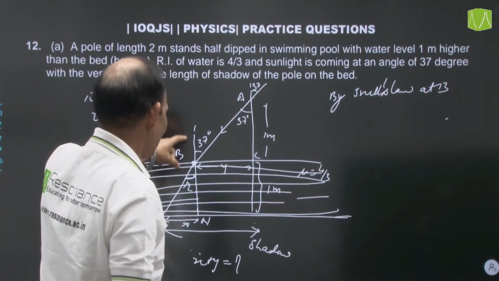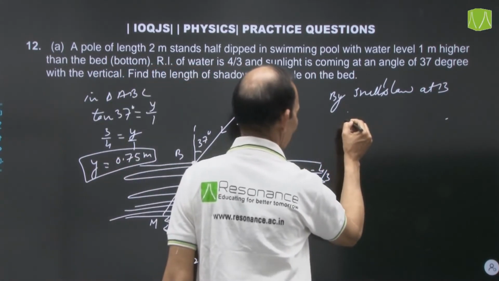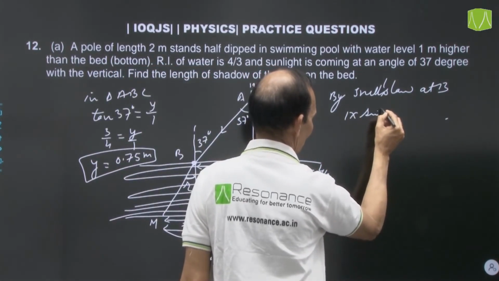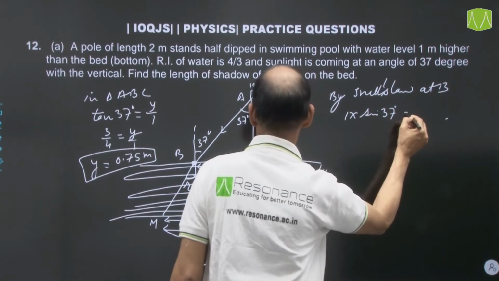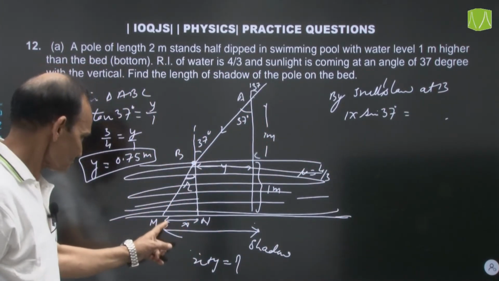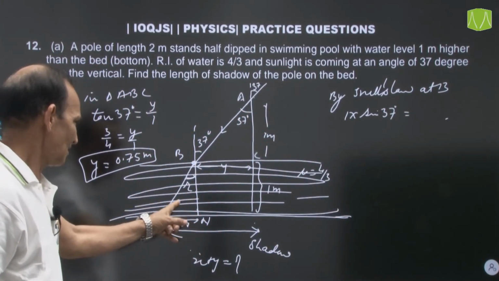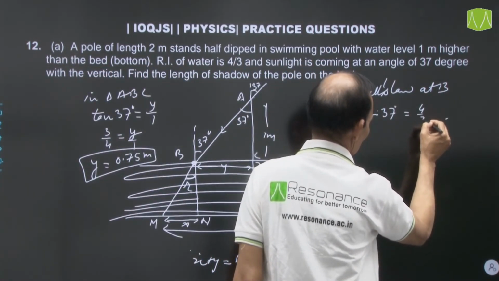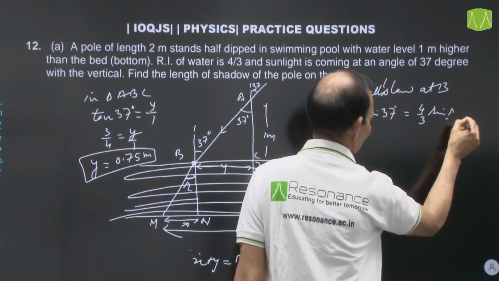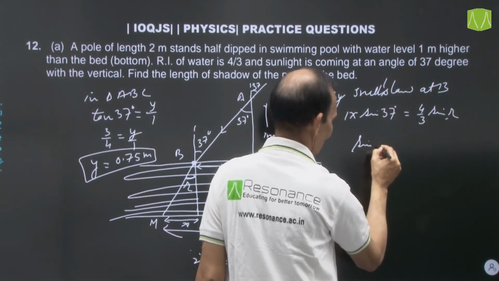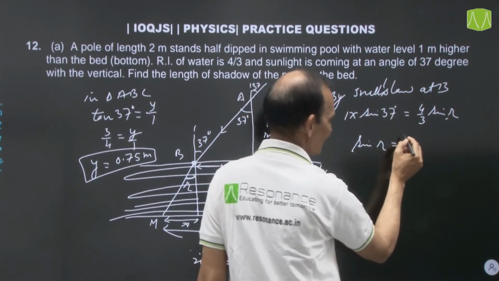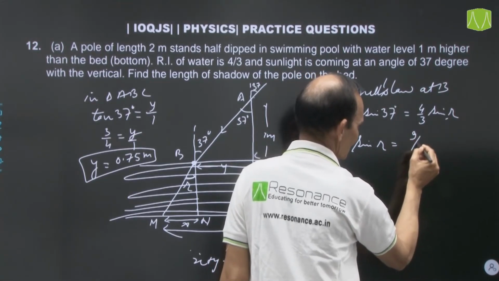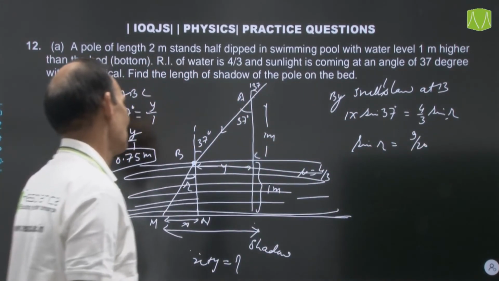So 1 into sin 37 will be equal to mu, 4 by 3, into sin of r. We can find the value of sin of r: sin 37 is 3 by 5, so sin r is 9 by 20.